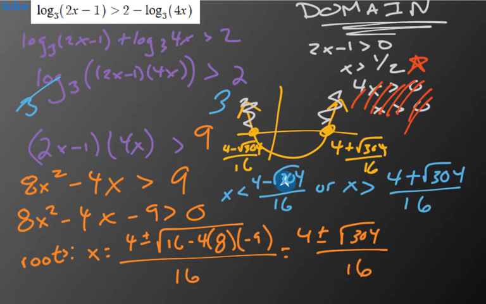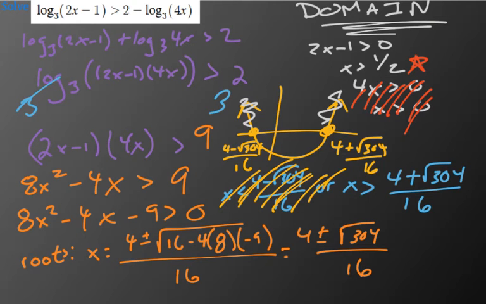Square root of 16 is 4. And so square root of 304 is much bigger than 4. That's the idea I want you to see. So this number has to be negative. And since a negative number is not bigger than a positive number, we will have to literally chuck that answer out. So no more or at all.